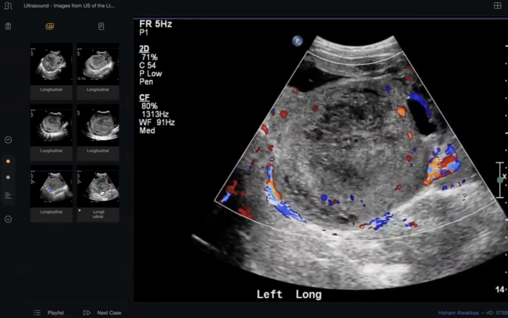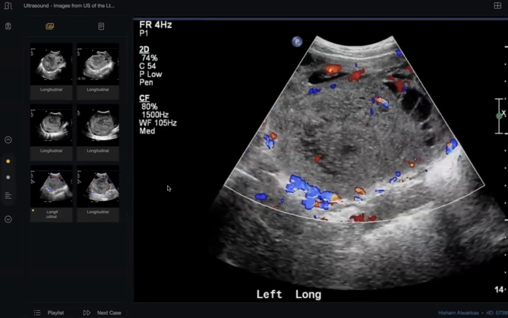There is an oval-shaped, well-defined heterogeneous mass with central cystic degeneration and peripheral and internal vascularity. Can I request control, please? Okay, this is a static image.